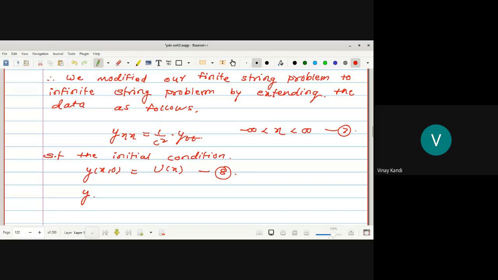Okay, this is the initial deflection and this is the initial velocity. This is given by capital V of x.